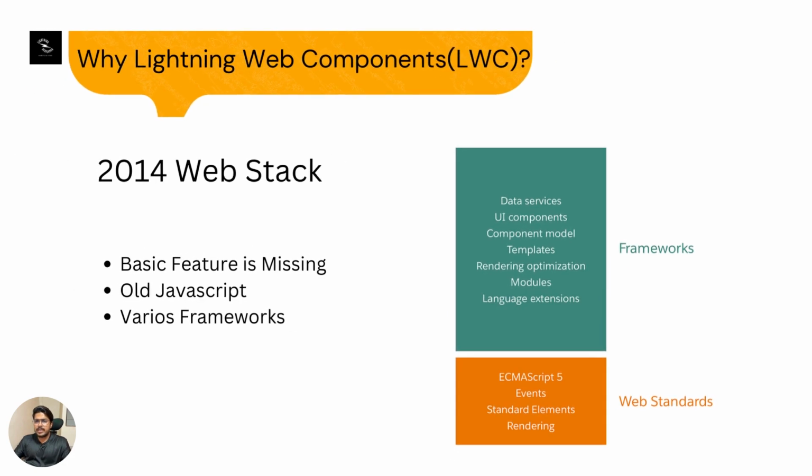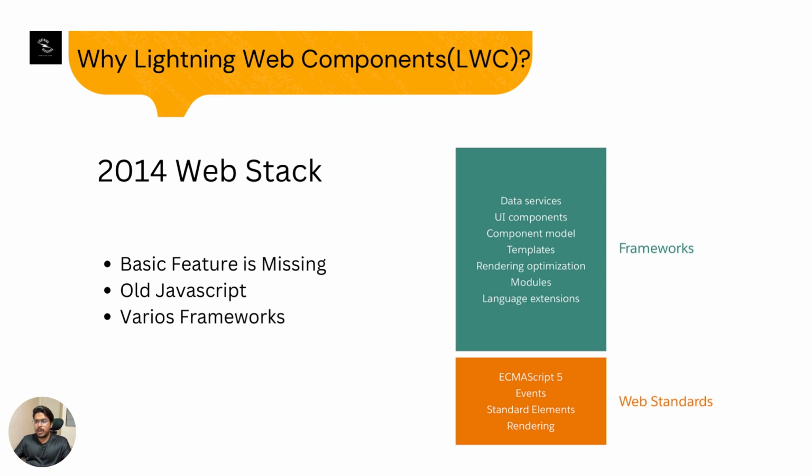In this slide, we will understand why Lightning Web Components. Earlier you understood that, in simple words, Lightning Web Components is a new technology or new programming model to create Lightning components for Salesforce. Now we will discuss why Lightning Web Components. In 2014, the web stack, the web standards had not evolved that much.